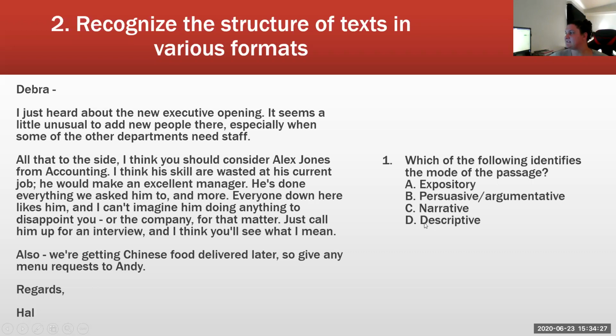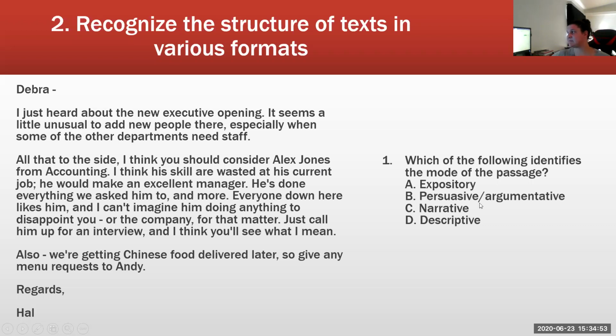He's not trying to expose him. So A is incorrect as well. It's not a narrative. He's not just talking about the new executive opening, and he briefly discusses that it seems unusual to add new people, especially when we have good people that already work here.